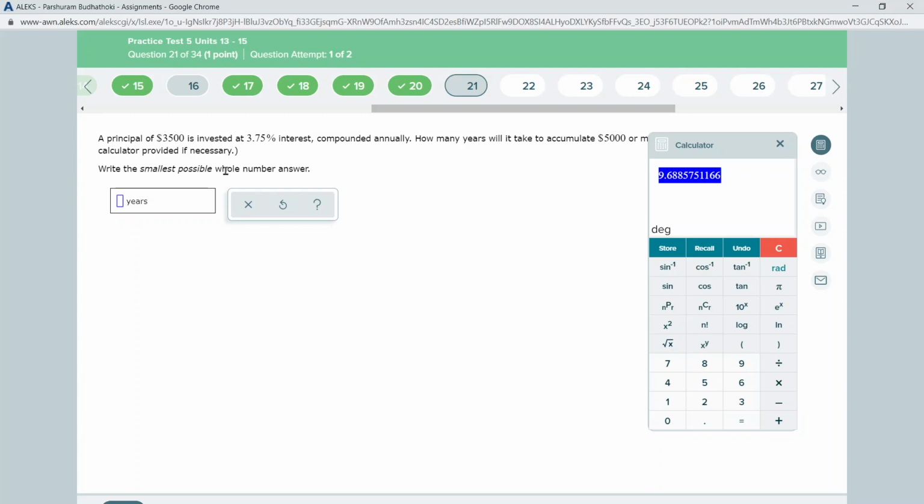Write the smallest possible whole number. So you have to write down this as a whole number, smallest possible whole number. So that means if you round it to the nearest whole number, that is 10, right?